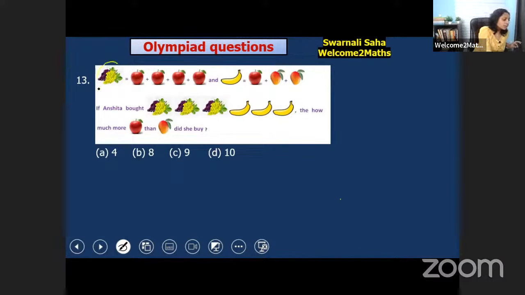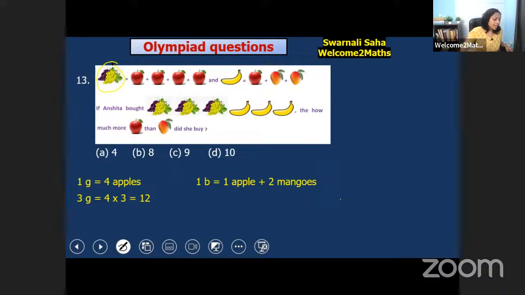You see, 1 bunch of grapes is equal to 4 apples, and 1 banana is equal to 1 apple plus 2 mangoes. But Anshita bought 3 grapes, so 3 grapes is equal to 3 into 4, and it's 12.